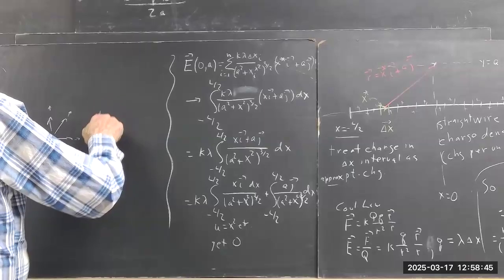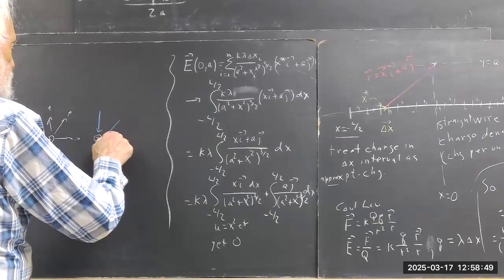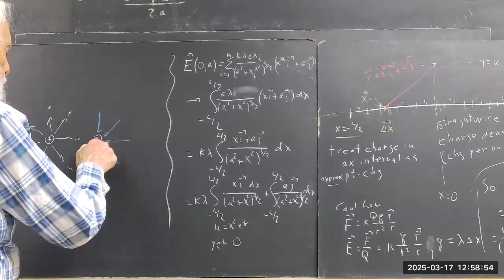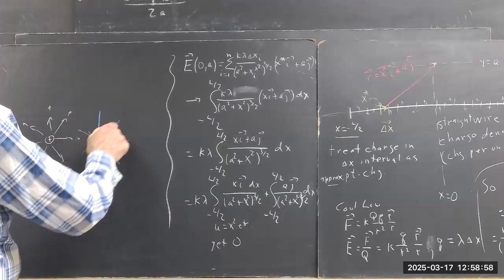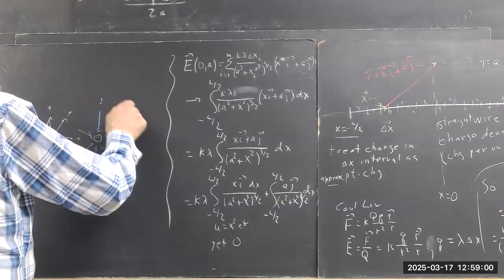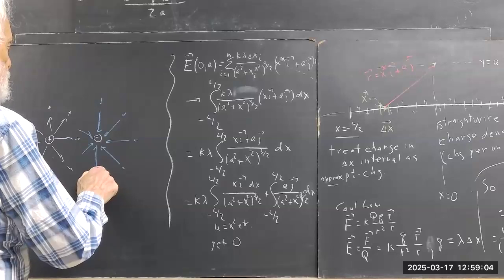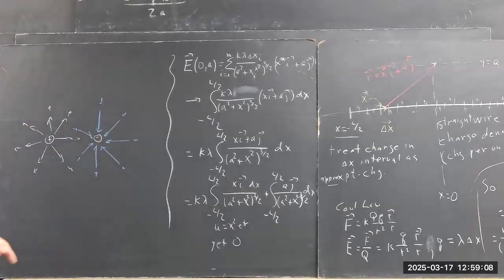Then you have field vectors that are not accurate. See where I'm going with this in a minute. But you get the idea. You've got field vectors that fall off rapidly with distance, and the field vectors point toward the negative charge and away from the positive charge.